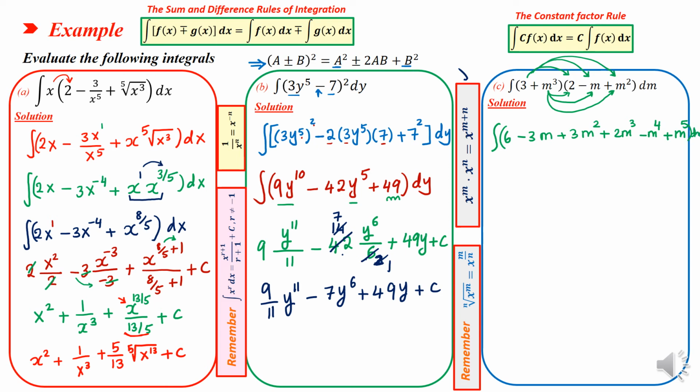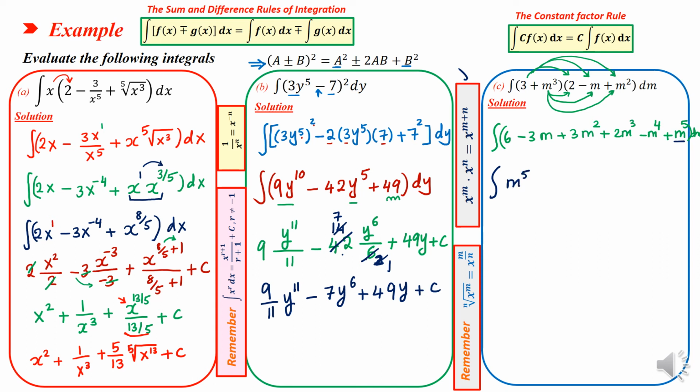Okay, now you have to group the similar terms, and you have to arrange the exponents in descending order from the highest degree to the lowest degree. So we have the integration of the highest degree here as m to the 5th power, and there are no similar terms.